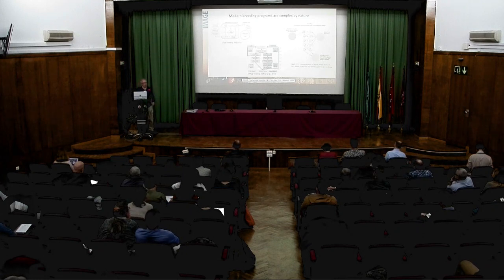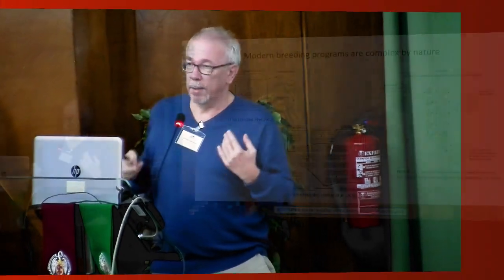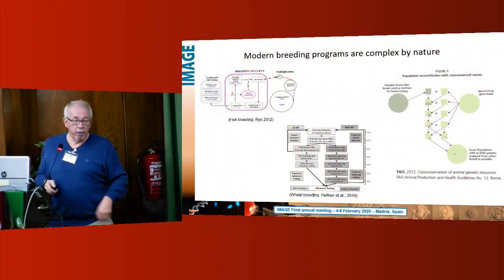And the basic idea, which we had probably 15 years ago, was: why isn't it possible to simulate a breeding program by using exactly this concept, drawing boxes and arrows and then running the program?